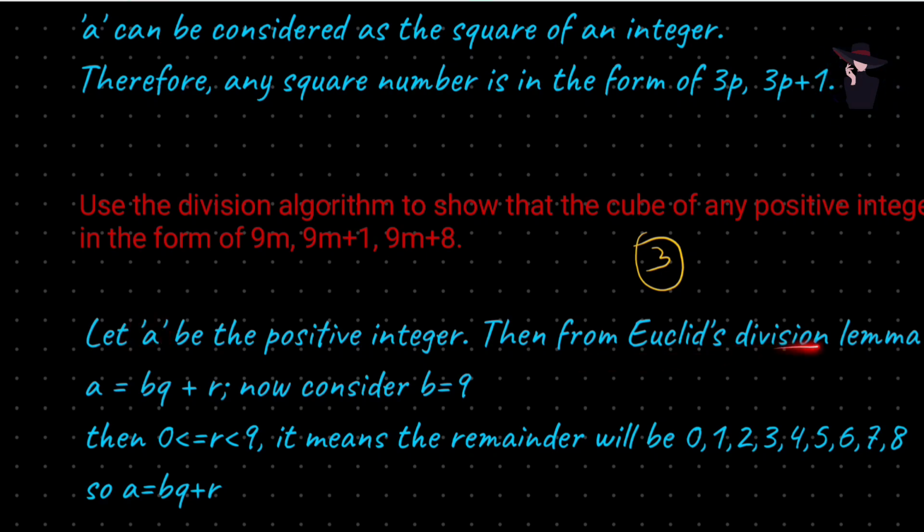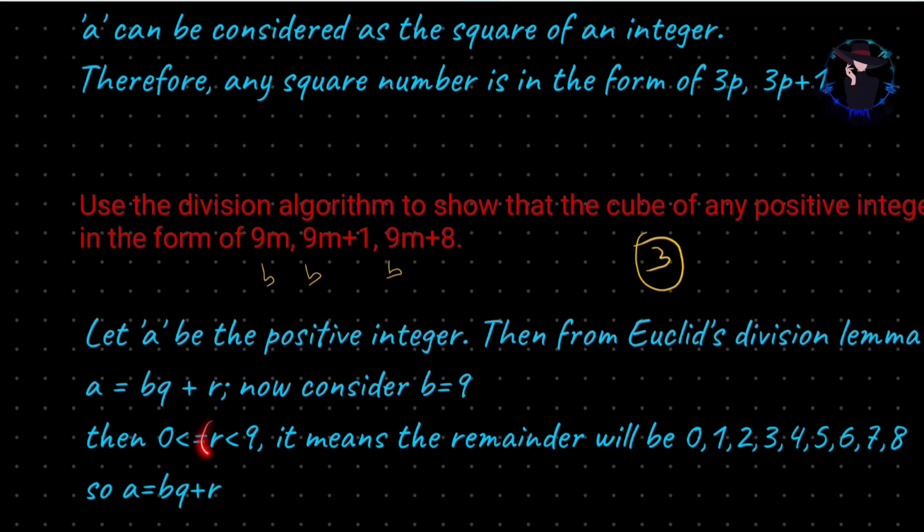Then from Euclid's division lemma, a is equal to bq plus r. Now consider b is equal to 9. Why? As it is given in the question, 9m, 9m plus 1, 9m plus 8. Yes, exactly, 9, 9, 9. So b is equal to 9, bq plus r, right?